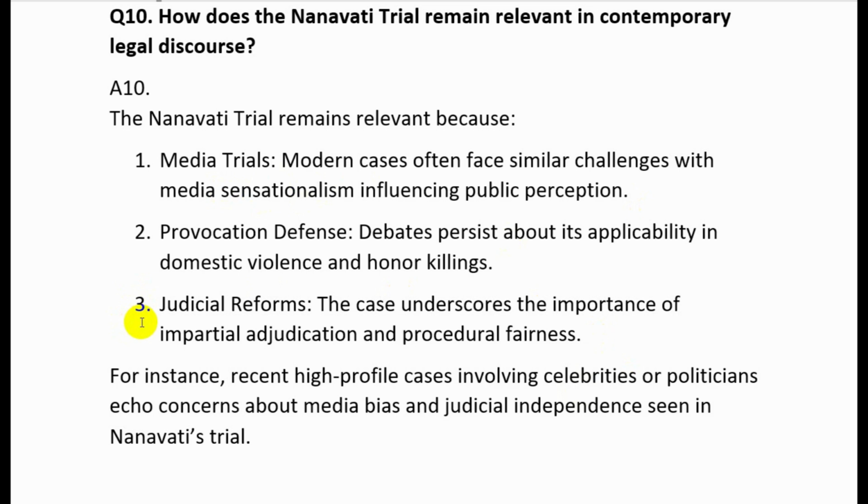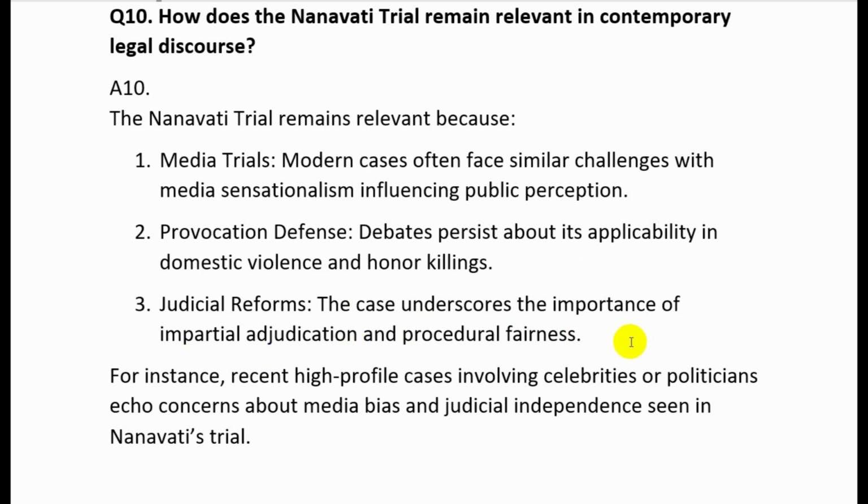Next is provocation defense. Debates persist about its applicability in domestic violence and honor killing. Judicial reforms. The case underscores the importance of impartial adjudication and procedural fairness.